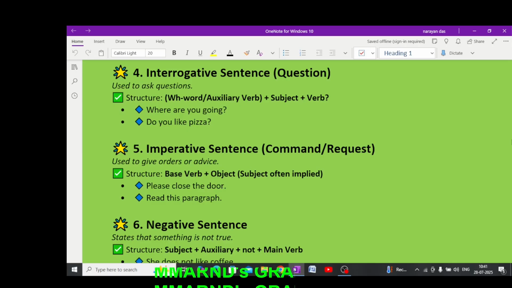So, the imperative sentence, which are orders, the sentence begins with a verb. And the requesting sentence begins with the word please. And the structure, base verb, object or subject sometimes implied. Please practice more sentences that will help you.